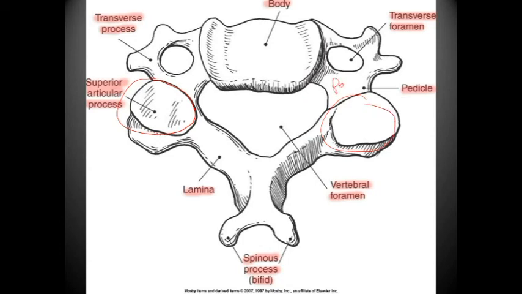We have the pedicle, the lamina, the bifid tip spinous process. We have the body, and we have the transverse foramen.